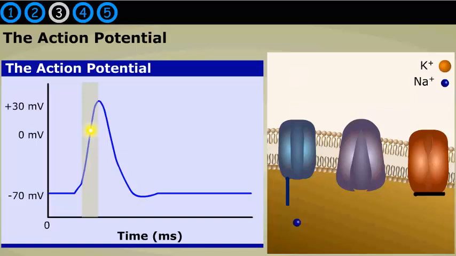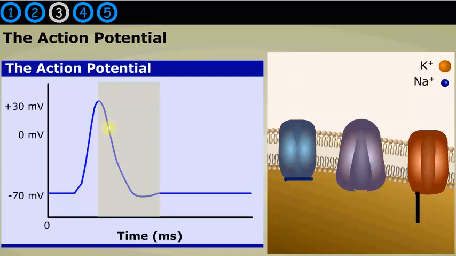Remember that the sodium ions have a positive charge, so the interior of the axon becomes more positive. The charge differential will be restored to the resting potential by the opening of voltage-gated potassium channels that are triggered by the same stimulus that opened the sodium channels.